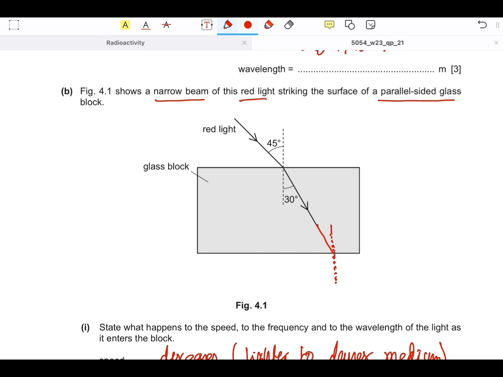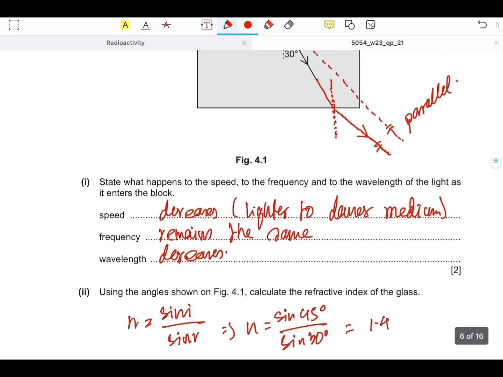Then we draw a normal, and from the normal we can see that the red light emerges like this. So it will appear parallel to the original incident ray. Both these will be parallel to each other. Okay, so that's the drawing.